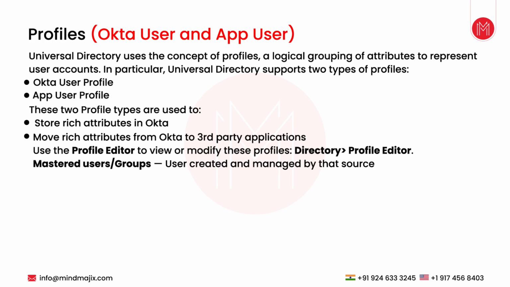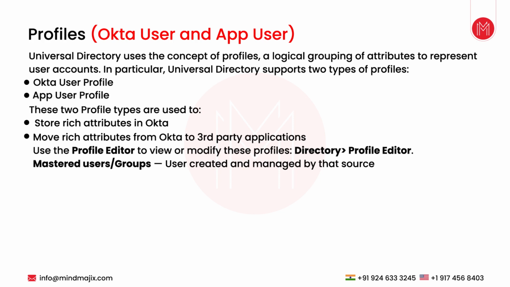They also help us move rich attributes from Okta to third-party applications, which we have already seen in SAML integrations or OIDC integrations, wherein I showed you that when we have to pass user attributes from one place to another, we usually use the Okta attributes or Okta Expression Language, wherein we use the Okta user profile to read attributes of the user and then send them to the third-party applications.